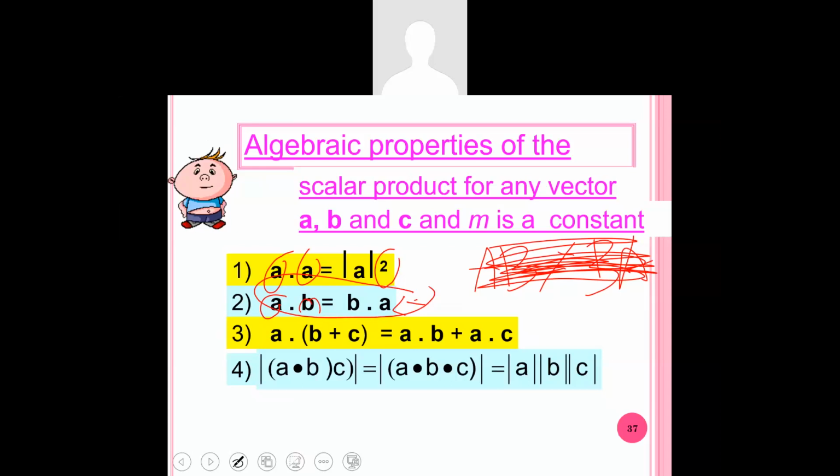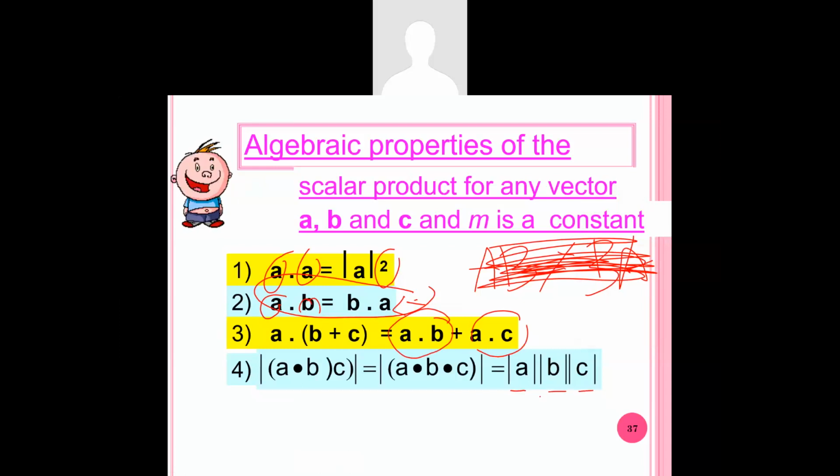Now, if you have an addition of vectors B plus C, you can actually apply the dot product to each vector in the sum. And then, if you are looking for the dot product of three different vectors, it would equal the multiplication of each magnitude.